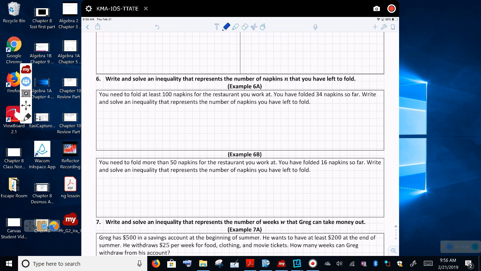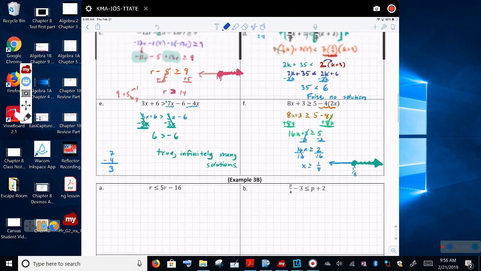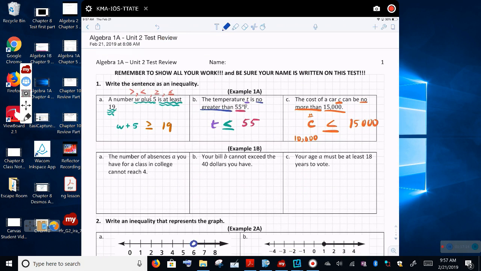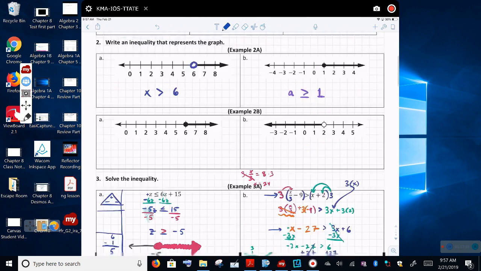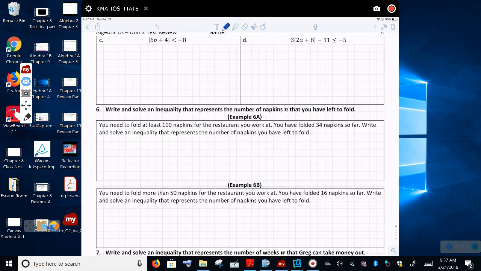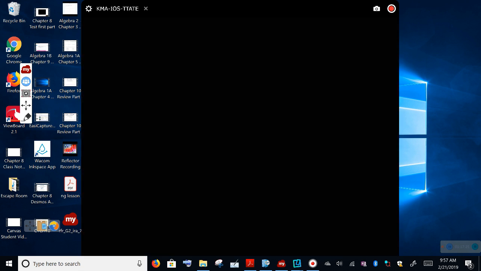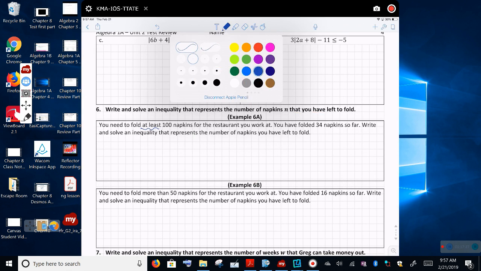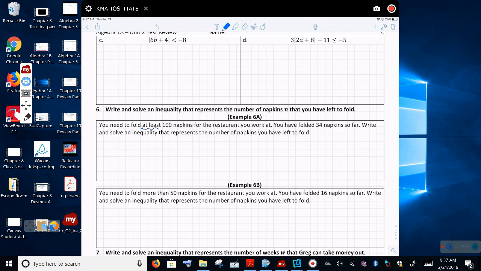So I need to figure out 3 parts, kind of like the very beginning of this review, when we had something similar to the 1A, B, and C. We have to do something similar, except we actually have to solve it. You need at least, so that's kind of important. You need at least 100 napkins.